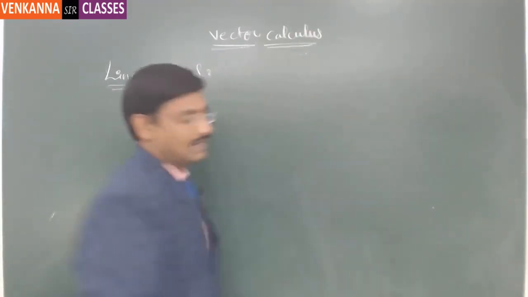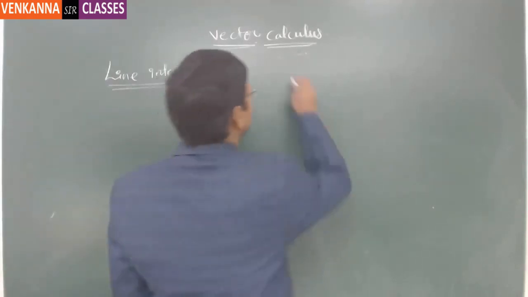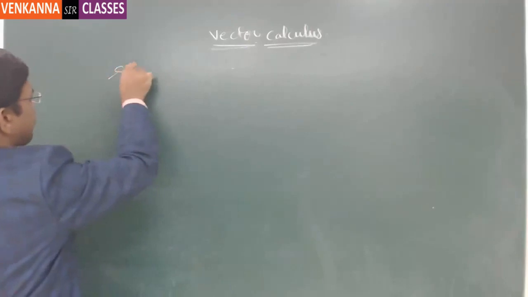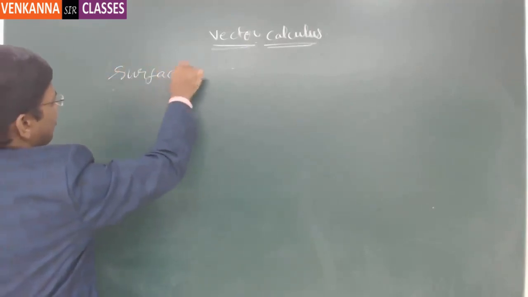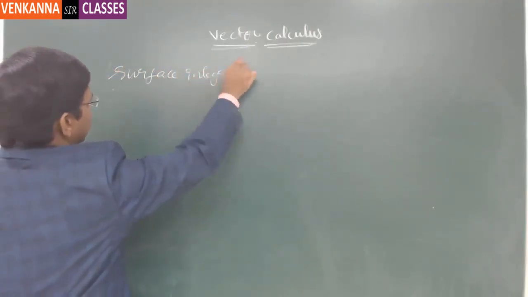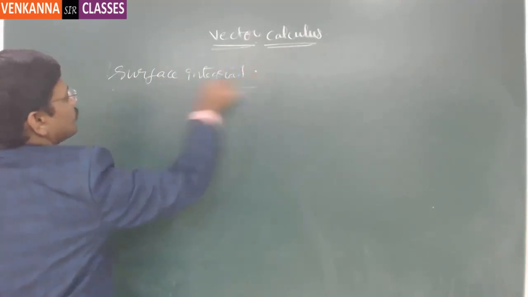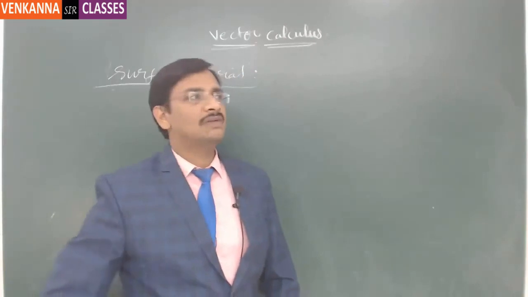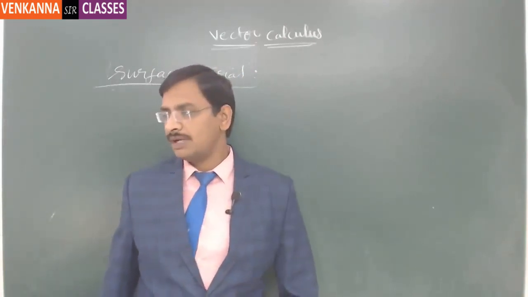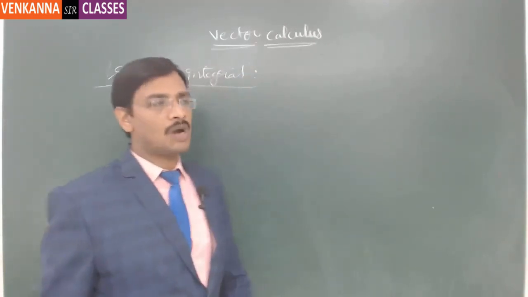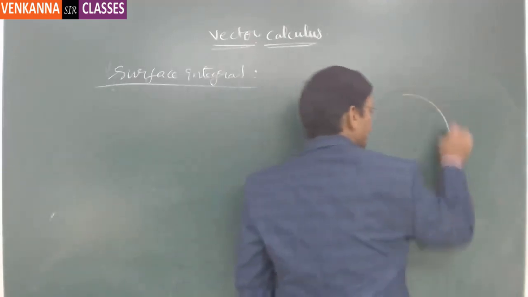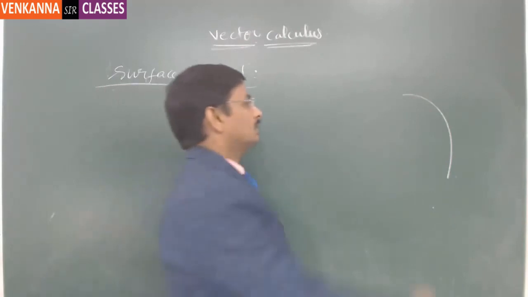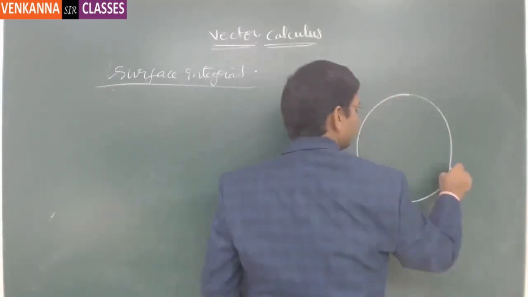So surface integral. This surface integral comes into the picture when we deal with the Gauss divergence theorem, right? In the Gauss divergence theorem, see this, let us say this is a closed surface like this.